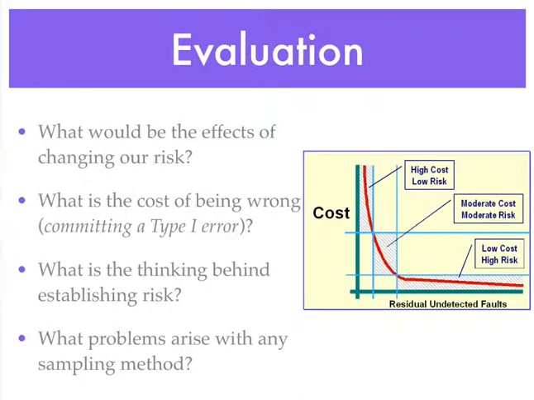So in conclusion, we probably need to do an evaluation. What would be the effects of changing our level of risk? If we wanted to be 90% sure, what effect does that have? If we wanted to be 99% sure, what effect does that have? And who's making these decisions?